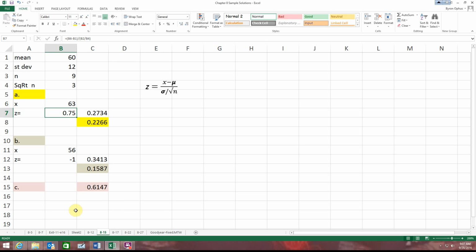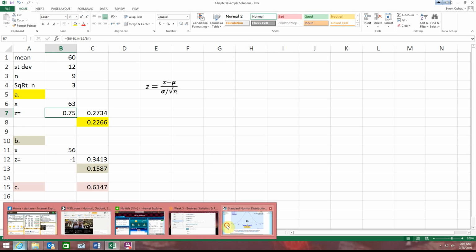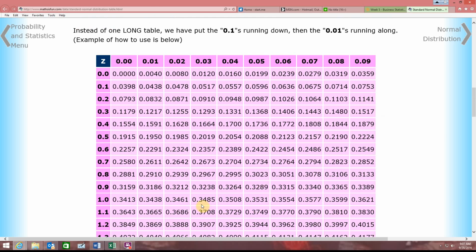Again, I can go into the back of the book, whatever page that's on, and look at that chart. You guys should, just to get used to it. Or I can come here and go to 0.75, which is 0.2734.